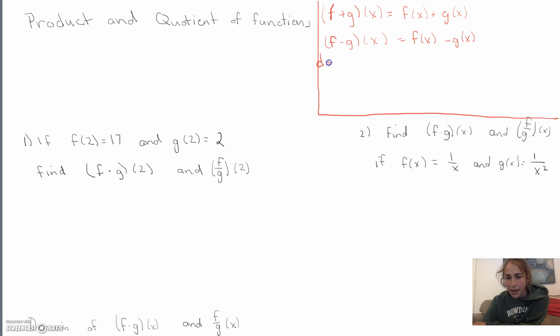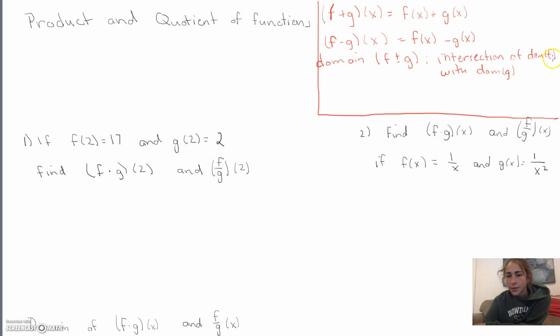We also talked about how to compute the domain of the function f plus or minus g, and that was just the intersection of the domain of f with the domain of g. So I'm denoting this dom f and dom g, and that's what I'll be using in the rest of the videos.